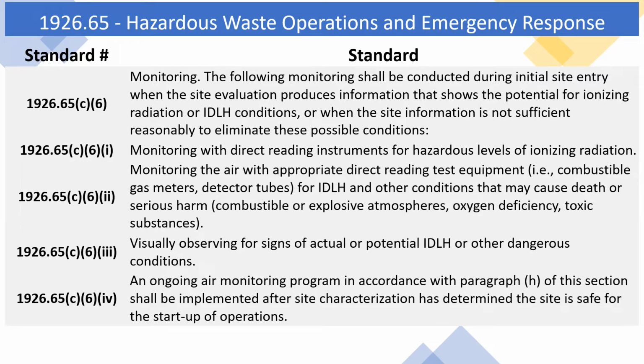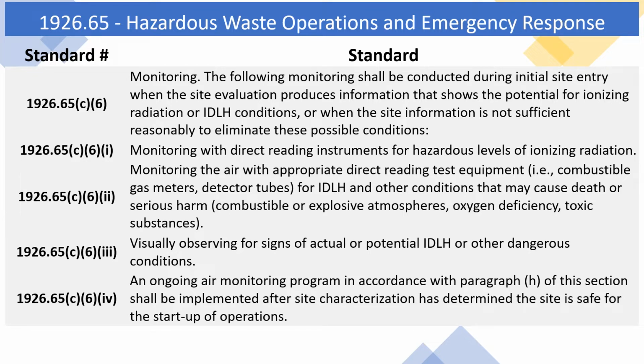1. Monitoring with direct reading instruments for hazardous levels of ionizing radiation. 2. Monitoring the air with appropriate direct reading test equipment, i.e., combustible gas meters, detector tubes, for IDLH and other conditions that may cause death or serious harm: combustible or explosive atmospheres, oxygen deficiency, toxic substances. 3.